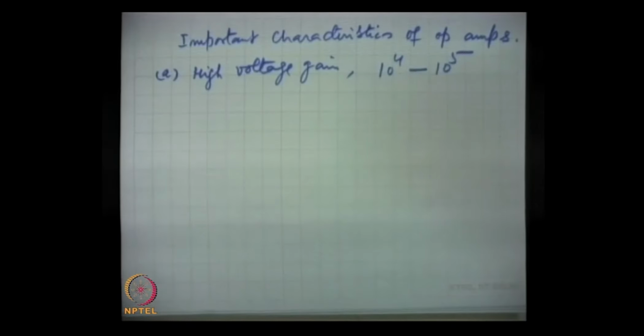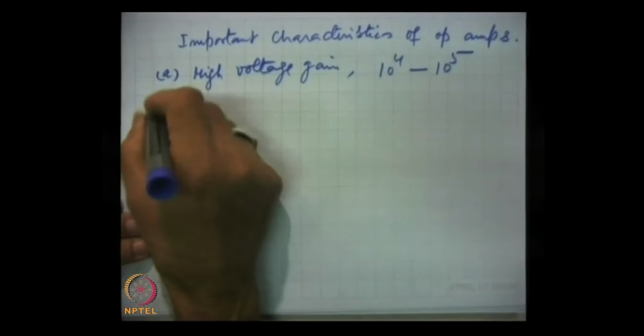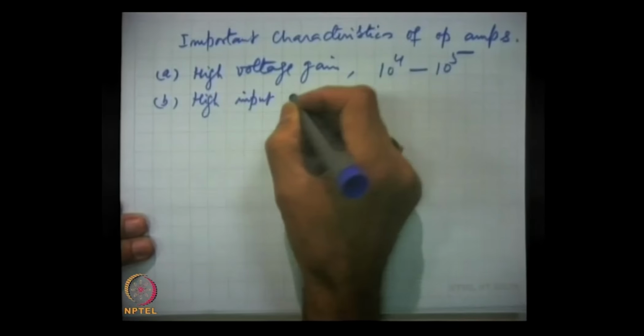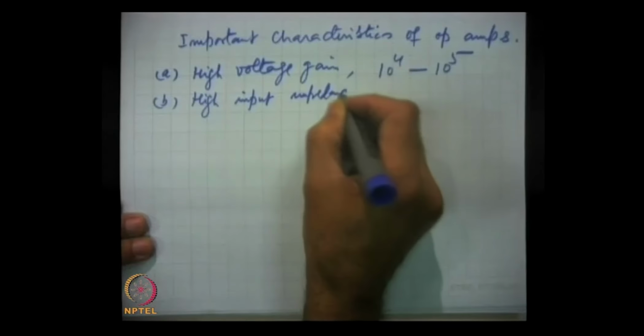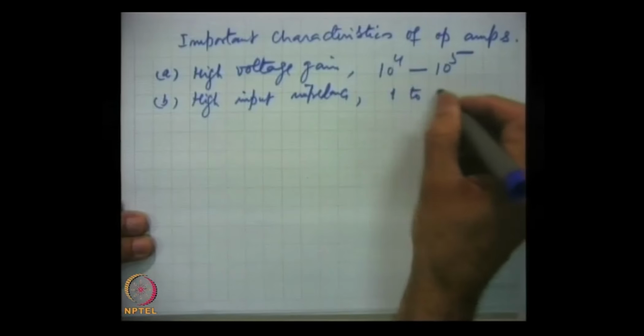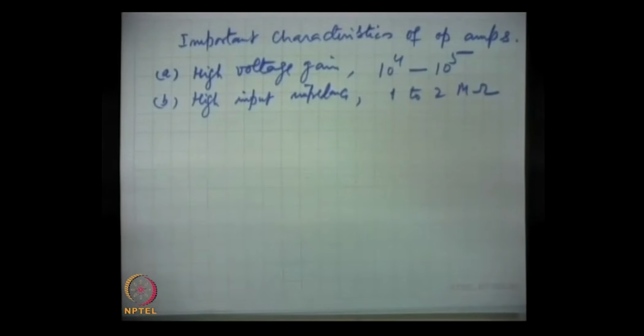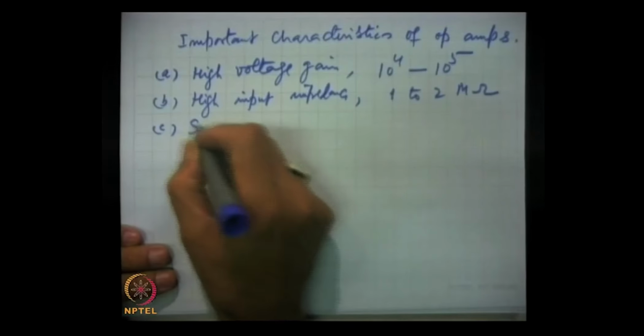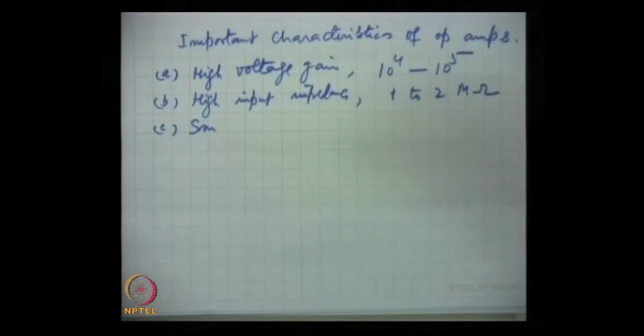And high input impedance, how high? 1 to 2 megohms, very high. And a small output impedance. High input impedance and low output impedance are the characteristics of a good voltage amplifier.